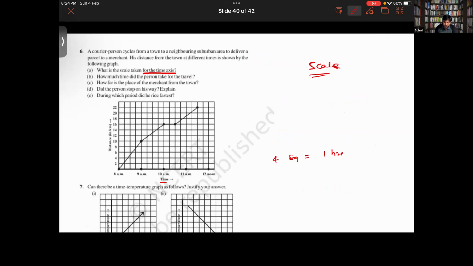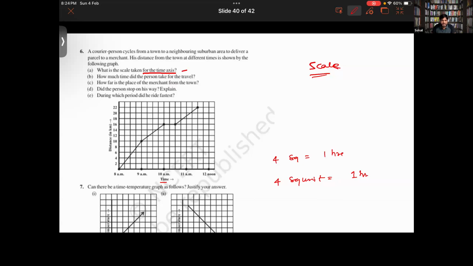Then the question is, what is the unit here? So unit obviously is that 4 equal squares give you 1 unit here. So 4 squares give me 1 hour here. So that is the answer for the second question.